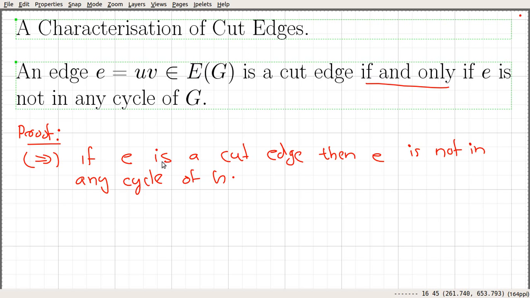Here we are going to prove this statement by taking the contrapositive.